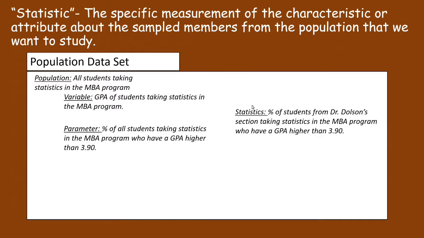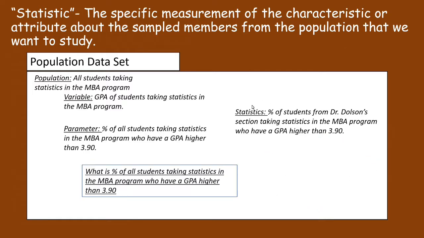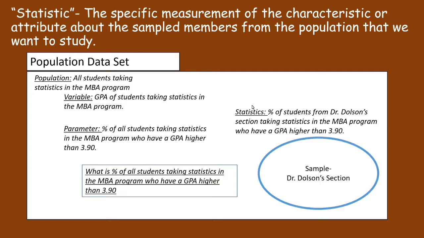Let's talk about that word statistic now. A statistic is the specific measurement of that attribute in the sampled members. So in our example, we're going to study the percent of students from my section taking statistics in the MBA program who have a higher GPA than 3.90. Because we want to answer this question, let's see if I can get it pulled up here.